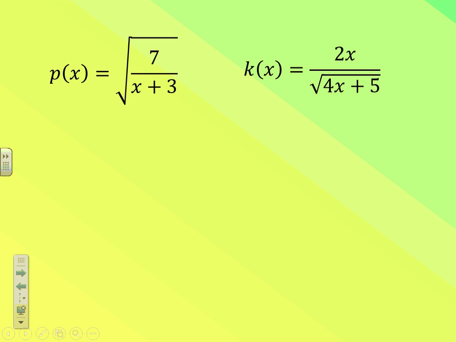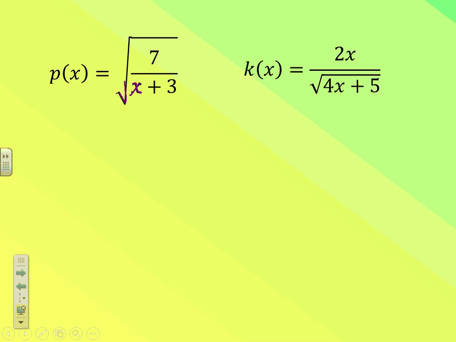Now, here, this is a radical equation in the form of a rational equation as well, because the radical comes from the fact that we have the square root symbol, and the rational meaning that the variable is in the bottom of the fraction.